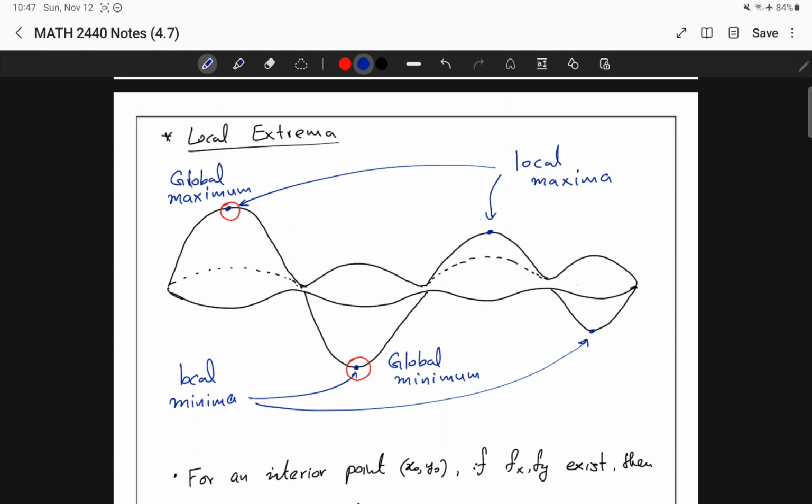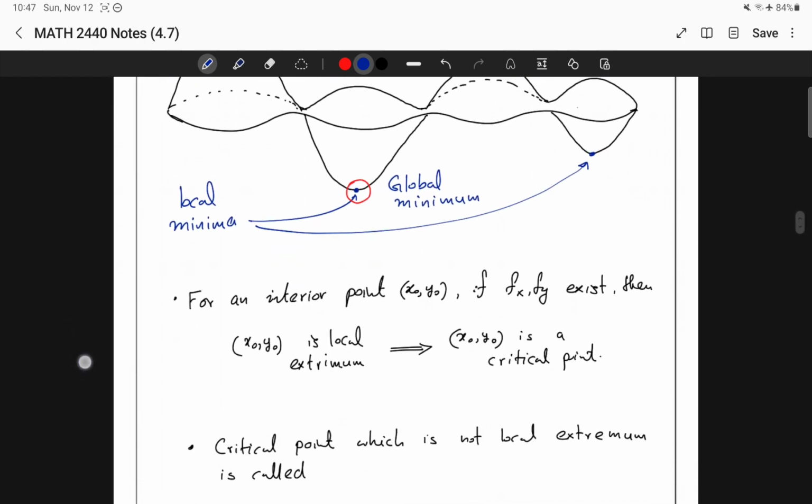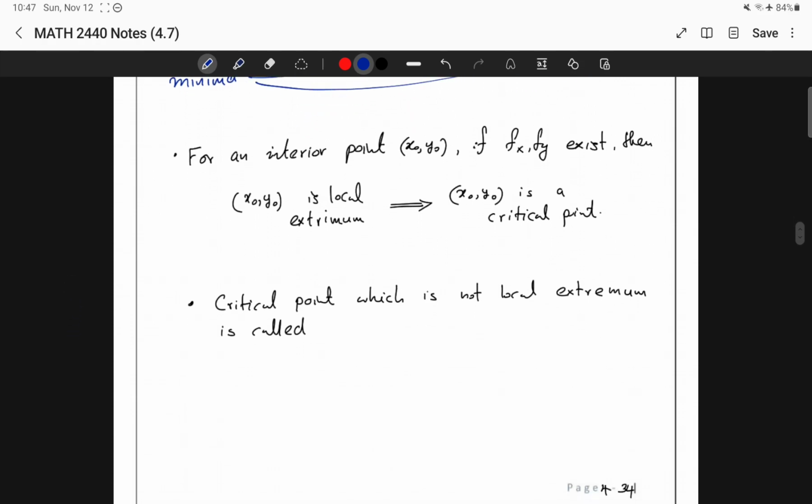Now all these points are called local extrema, either local minimum or local maximum. Now if we have an interior point x0, y0 with the partial derivatives f sub x and f sub y, then that point being a local extremum implies that point is a critical point.